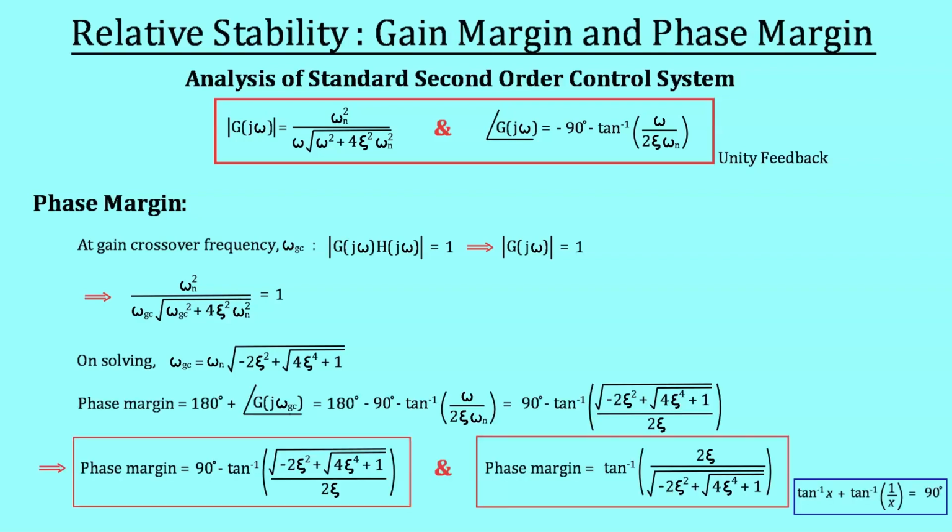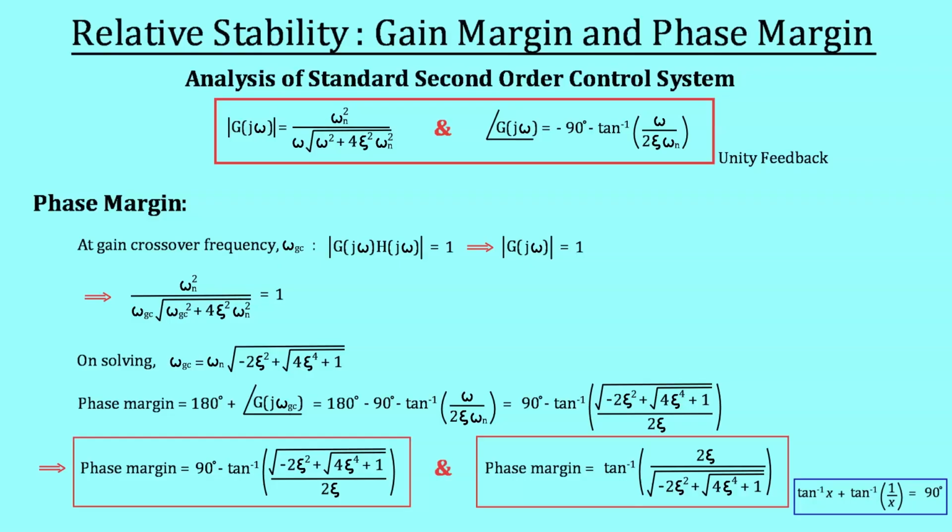Now you simply put the value of gain crossover frequency in the equation of phase margin, which is equal to 180 degrees plus the phase shift provided by the open loop transfer function at gain crossover frequency, and by doing that you will get the expression of phase margin equal to 90 degrees minus tan inverse of under root of minus 2 zeta square plus under root of 4 zeta raised to the power 4 plus 1, divided by 2 zeta.